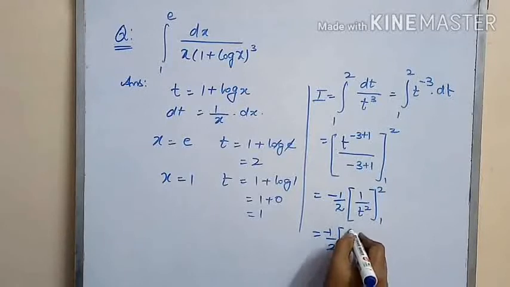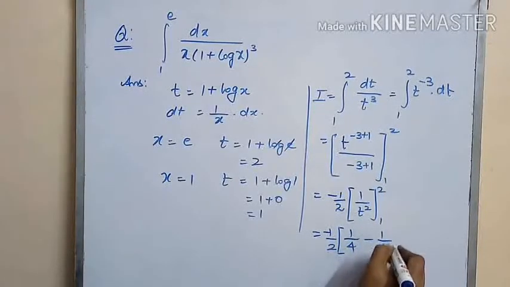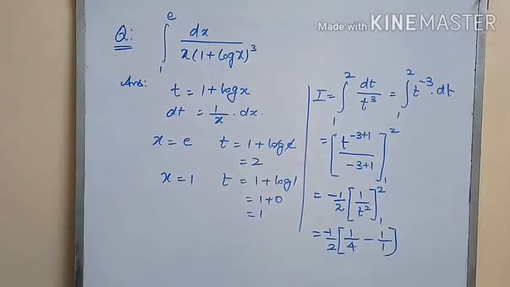Minus 1 by 2 into (1 by 2 squared, which is 1 by 4, minus 1 by 1 squared, which is 1). Now simplifying, we get minus half into minus 3 by 4. So 3 by 8 is the answer.